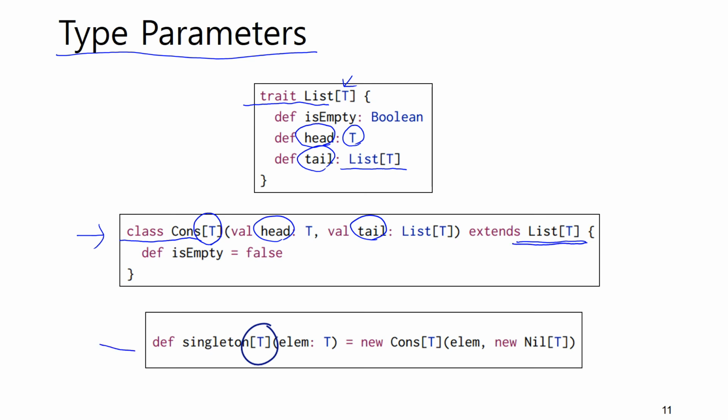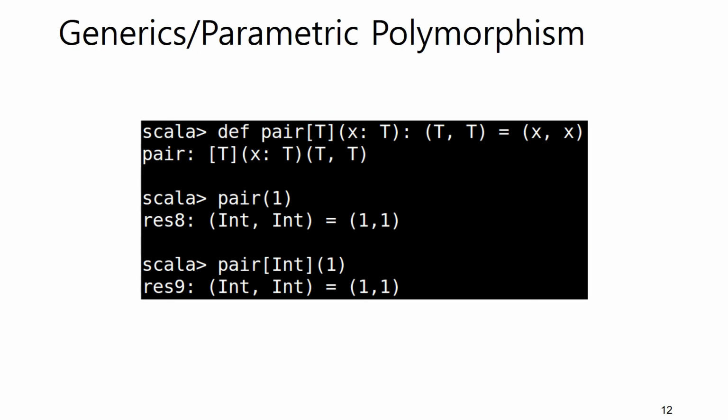And at the level of method, you can also use type parameters. For example, in this definition of a method singleton, you introduce type parameter T. With type parameters, you can achieve parametric polymorphism, or generics, in Scala.